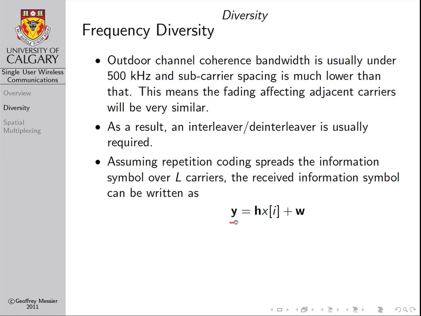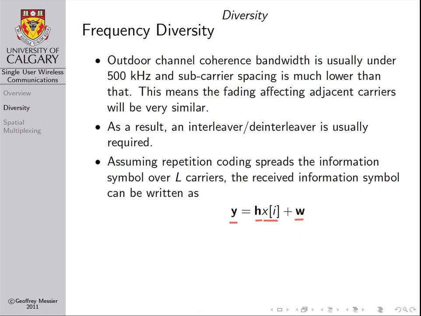a vector containing L received signal samples, and that vector is equal to the transmitted information symbol x that got repeated L times, multiplied by a vector of L fading values, maybe they're independent, maybe not, plus a vector of additive white Gaussian noise.